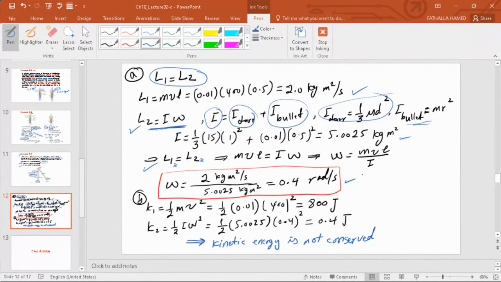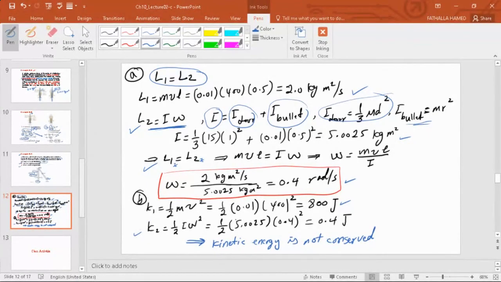In B, they ask us, is the kinetic energy conserved? So we look. Initially, the door was not rotating, so the kinetic energy is only coming from the bullet, which is linear. So it's 1/2 mv squared, 1/2 times 0.01 times 400 squared, and that gives you 800 joules. Now, the bullet is inside the door, and the door is rotating, so it should equal 1/2 I omega squared.